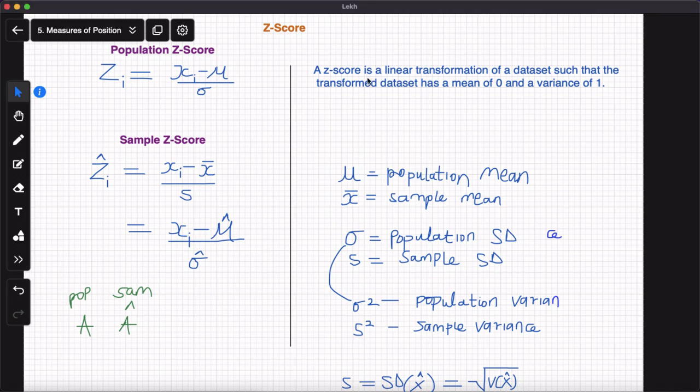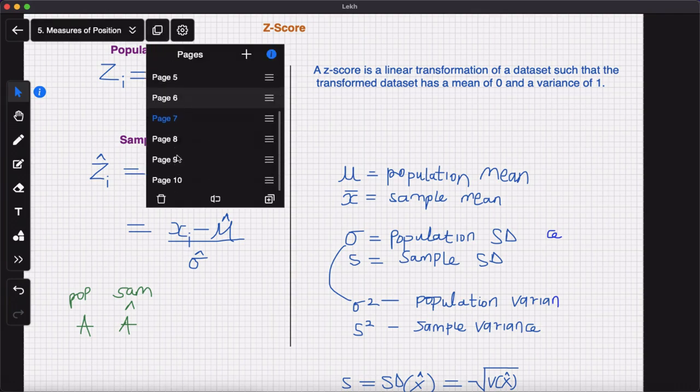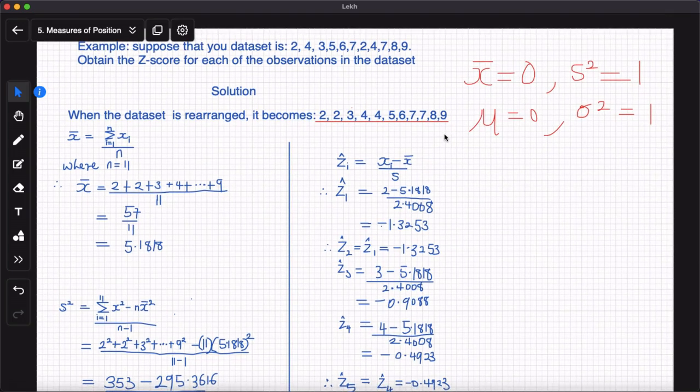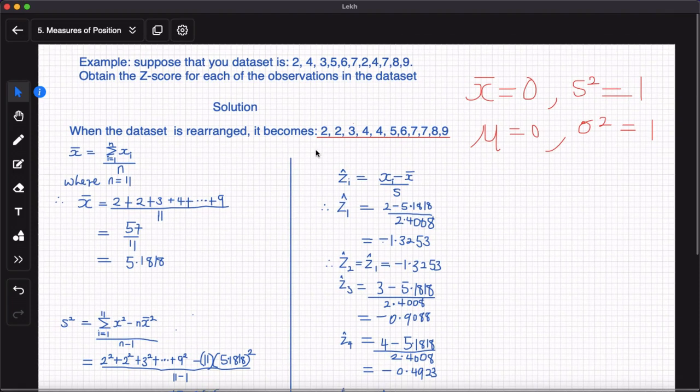All right, now, since we have a definition for our standard score, let's return back to our example. We can obtain the z-score for each of the observations in your data.